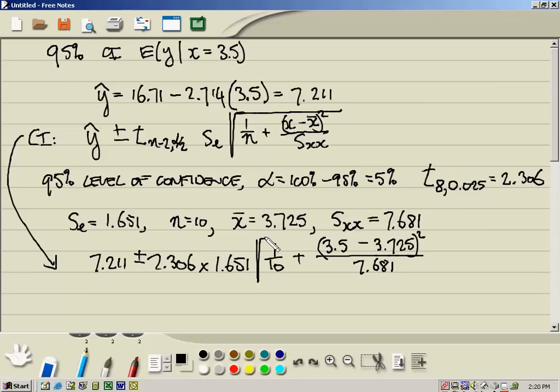And of course remember we want the square root of that whole thing. So let's now work that out.